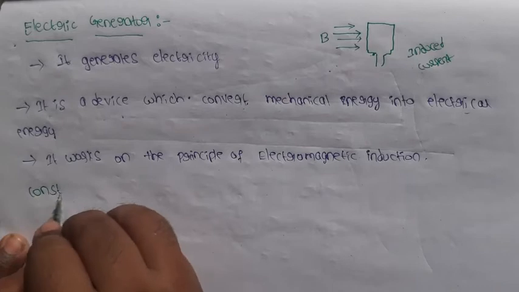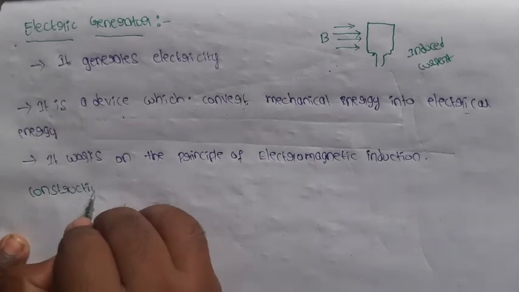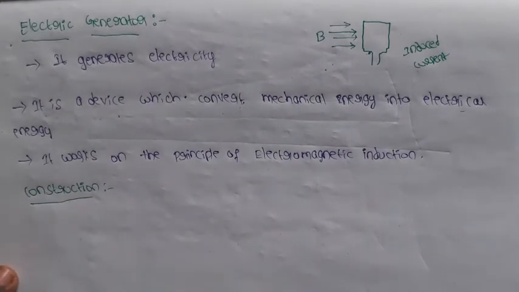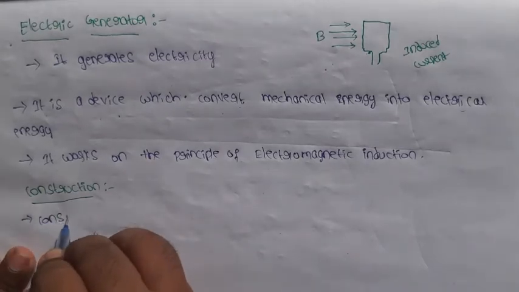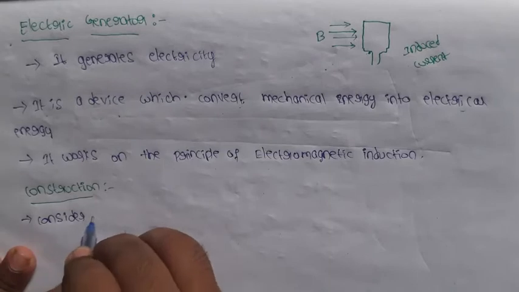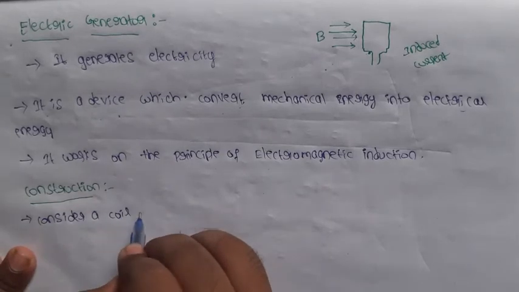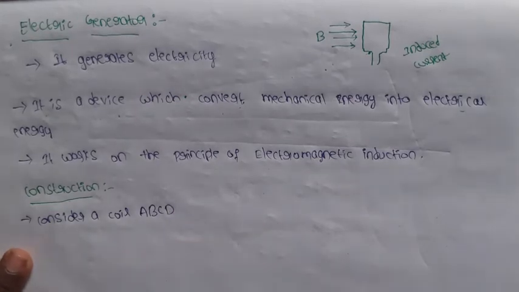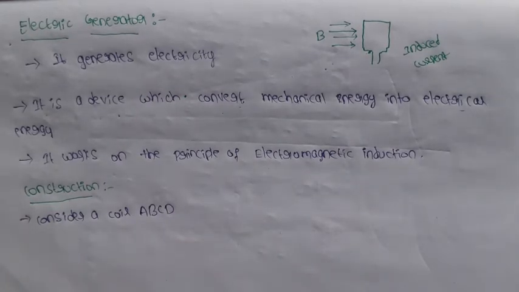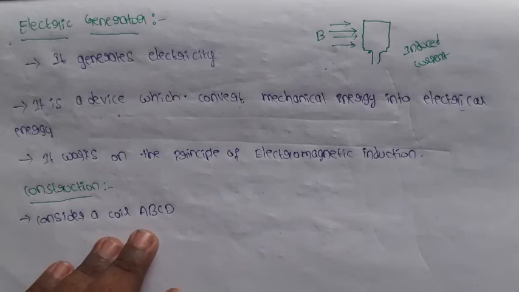Next, construction of the electric generator. First of all, consider a coil ABCD.